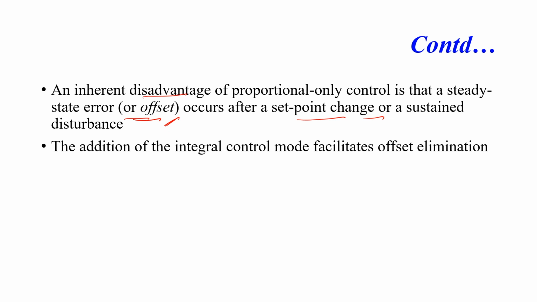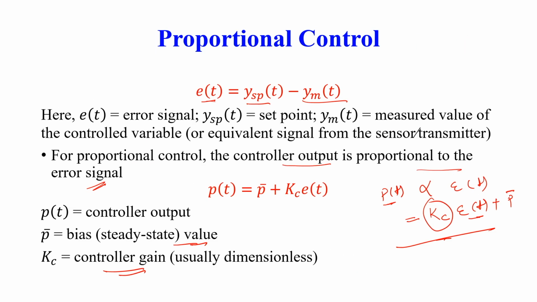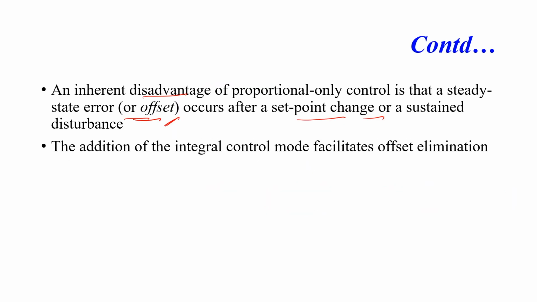It reaches a new steady state value, but still that error will be there, because P is proportional to this steady state value plus the response. So, one option is to add the integral control mode to facilitate offset elimination, which we will be discussing during the PI proportional integral control.